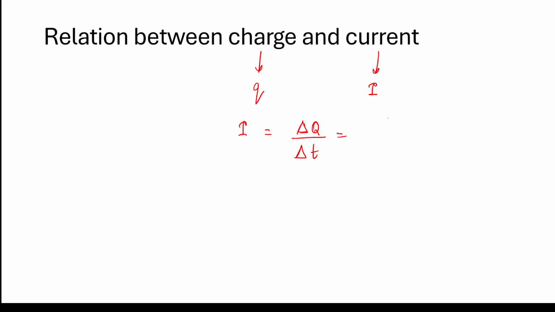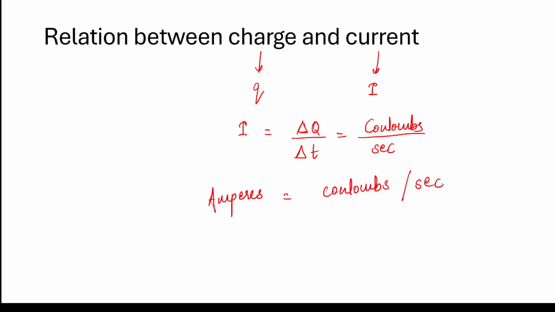The charge is in coulombs and the time is in seconds. So amperes is nothing but coulombs per second. If 10 coulombs are flowing every second, then we say the current is 10 amperes. So what does 10 amps mean? 10 amps means 10 coulombs of charge are flowing every second. That's the meaning of amperes.